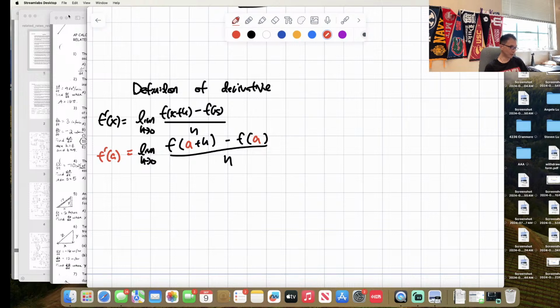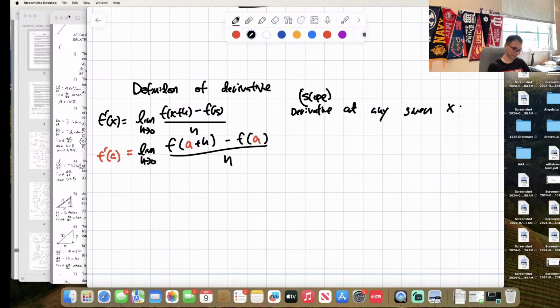You can actually find the derivative at a specific point. So this is a derivative, or slope, interchangeable, at any given x.